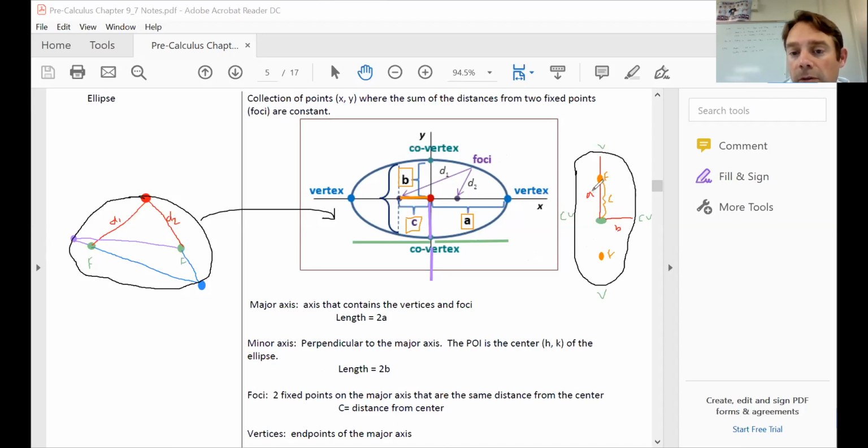But if you notice, we're dealing with three very familiar letters paired up together. We have an A, we have a B, and we have a C. And anytime you think of an A, B, and C, you think of Pythagorean theorem, A squared plus B squared equals C squared.